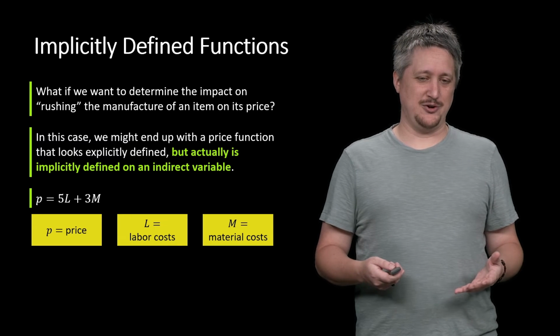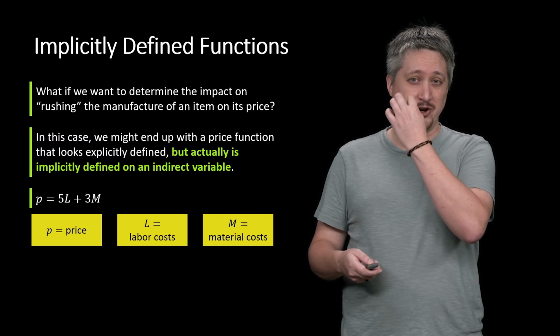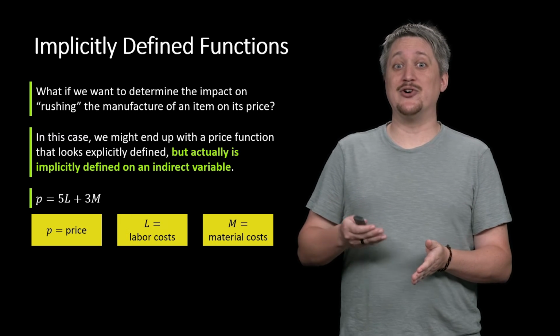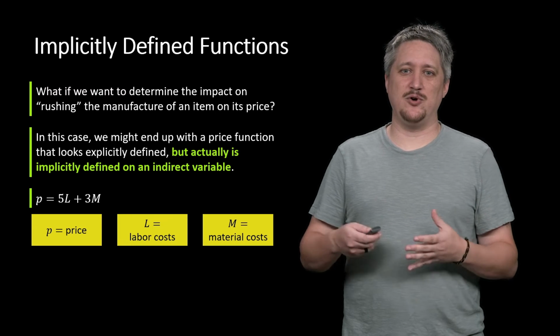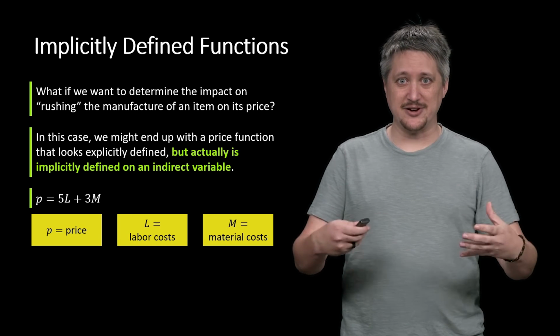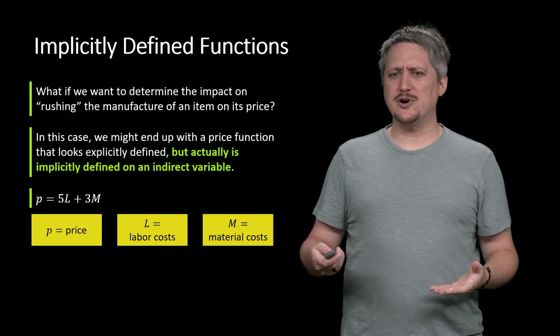You have overtime versus regular, amount of working hours. So if you rush past a certain threshold, then you're going to have a per hour increase. And likewise, you have overhead for the actual labor aspect of it, like having managers and things like this. And likewise, material costs.